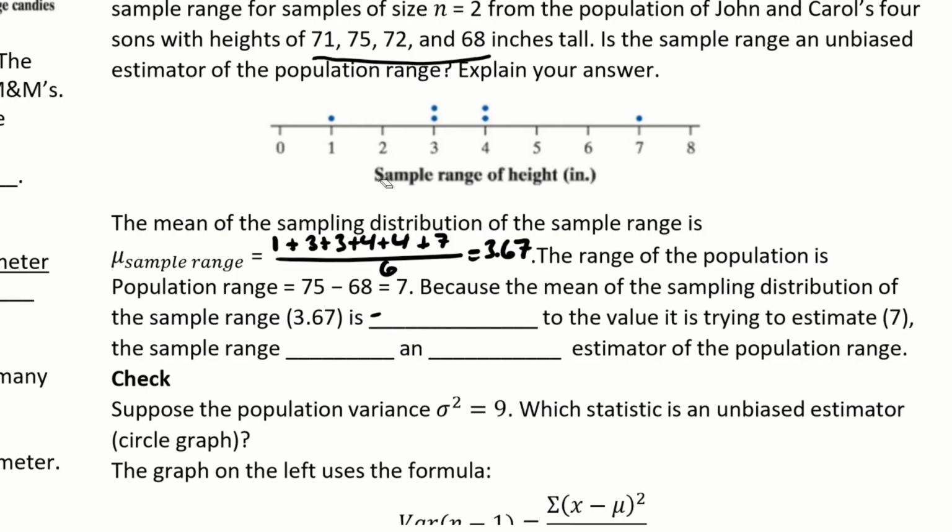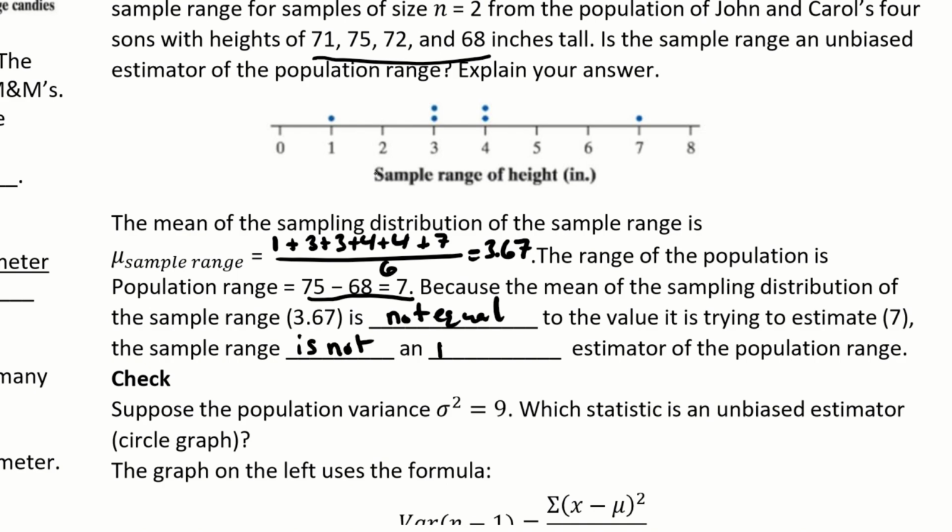All right, so 3.67 is not equal to 7, guys, right? Because the mean of the sampling distribution, 3.67, is not equal to the value it is trying to estimate, which is 7. The sample range is not an unbiased estimator.